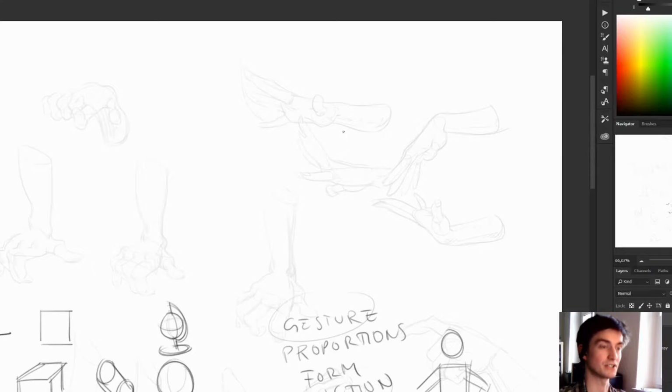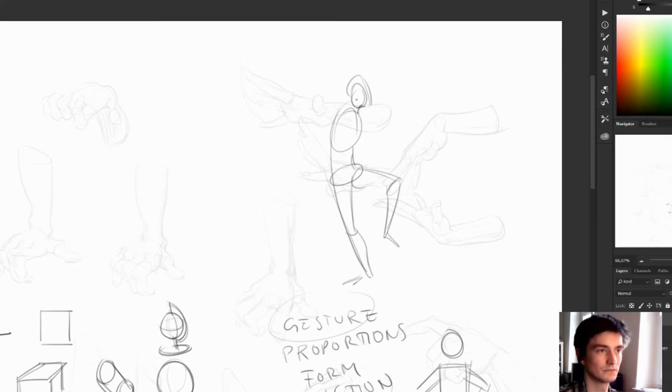Again, line of action is, for example, okay, let's say we have a pose. Let's just take any pose. Nice.